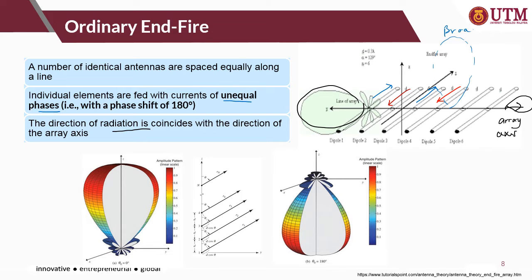So this is for broadside. Another example, if you have the antenna oriented along the z-axis, this is your axis, so the maximum radiation occurs along the axis, in this direction, or at the bottom in this direction, at theta equal to 0 or 180 degrees.